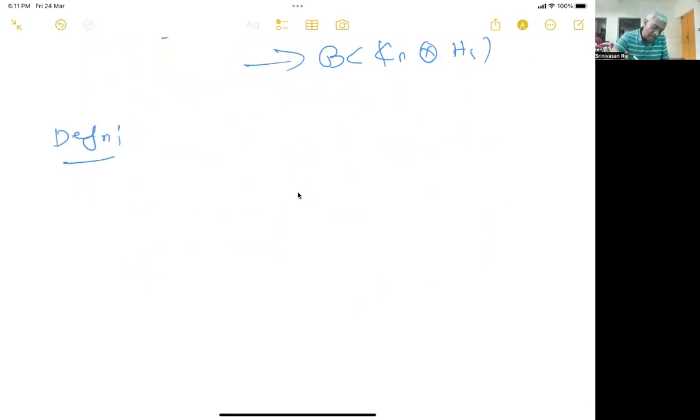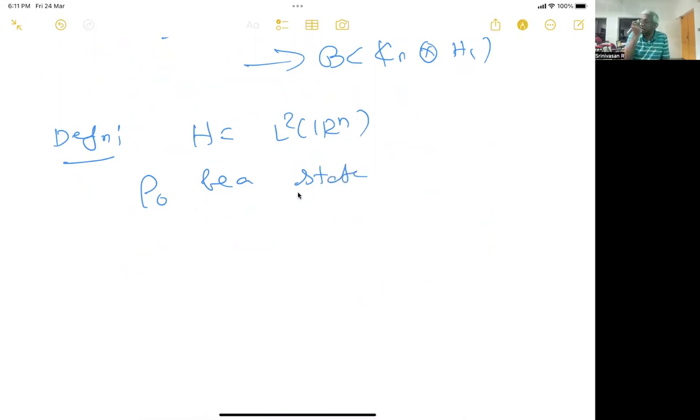We take our H to be L2 of Rn, the Fock space. And let rho naught be a state, a positive trace class operator with trace equal to 1. Rho naught is a state on L2 of Rm.